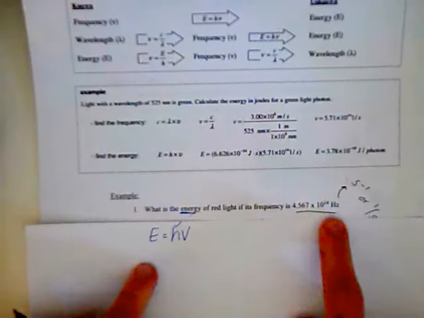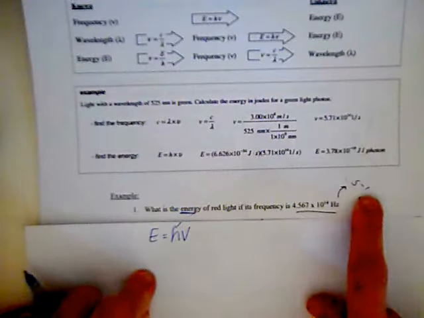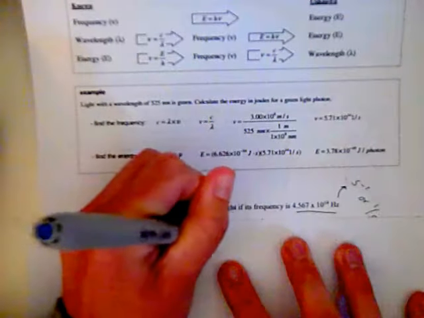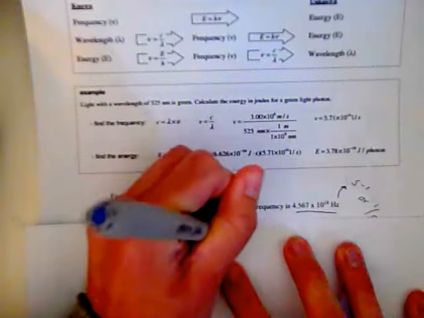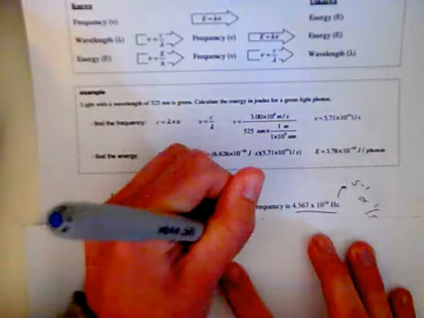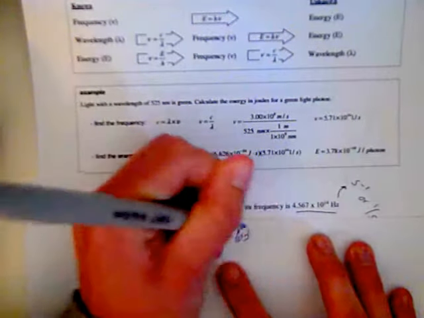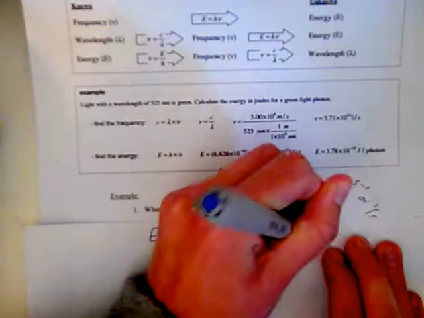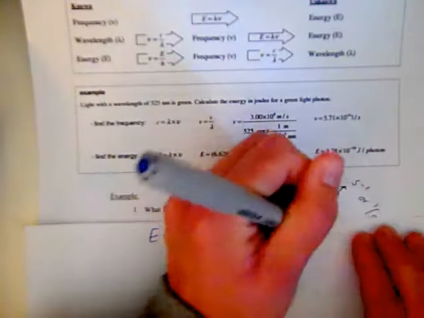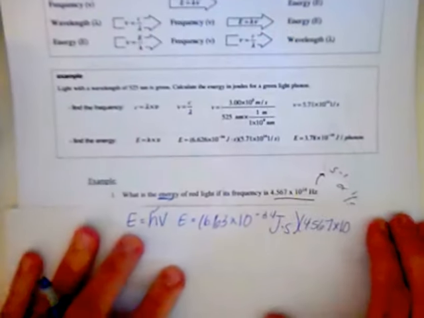They give us frequency in hertz, which is the same thing as seconds to the negative 1 power. So energy equals Planck's constant, 6.63 times 10 to the negative 34th joules times seconds, times the frequency, 4.56 times 10 to the 14th.